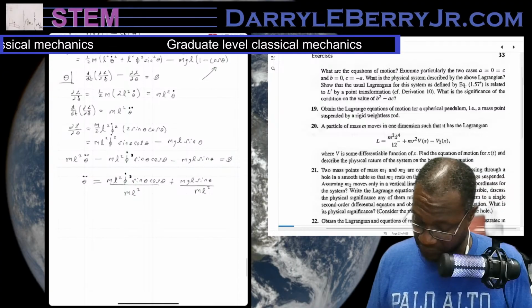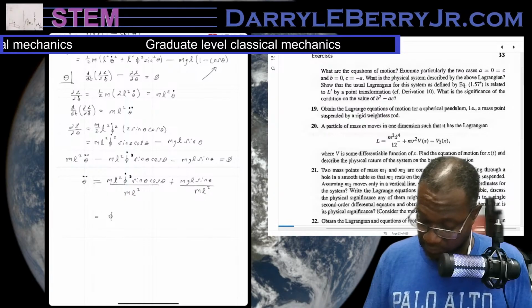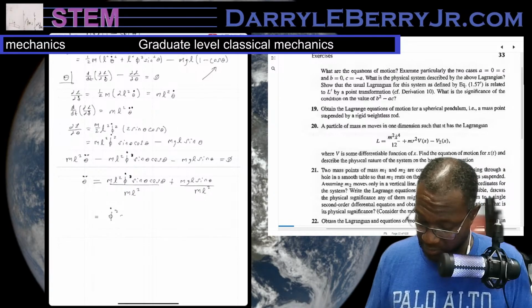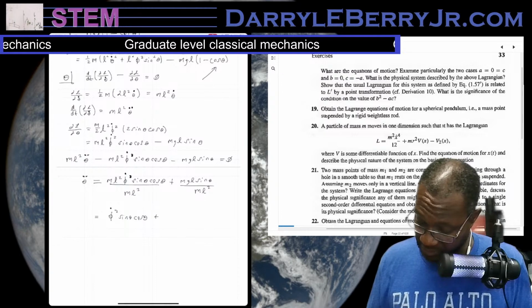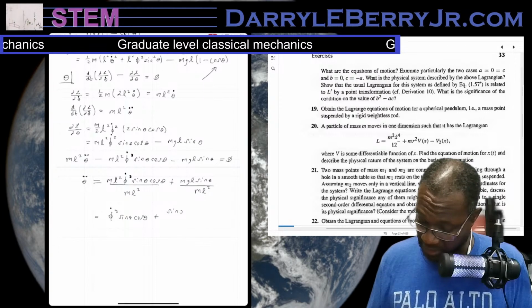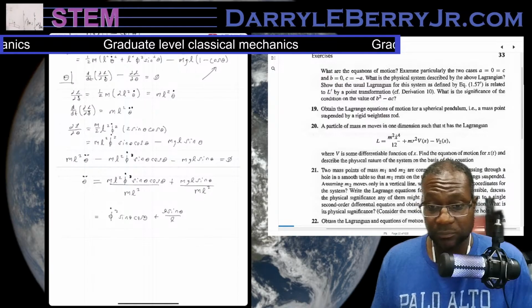That makes all of that positive. So that equals phi dot squared sine theta cosine theta plus g over L sine theta.